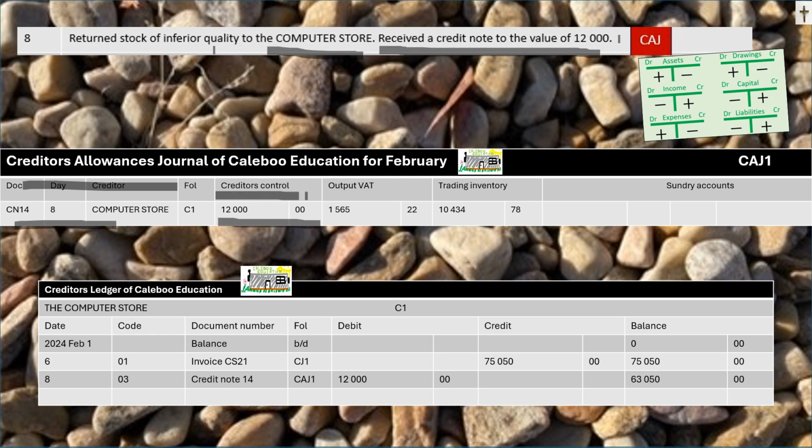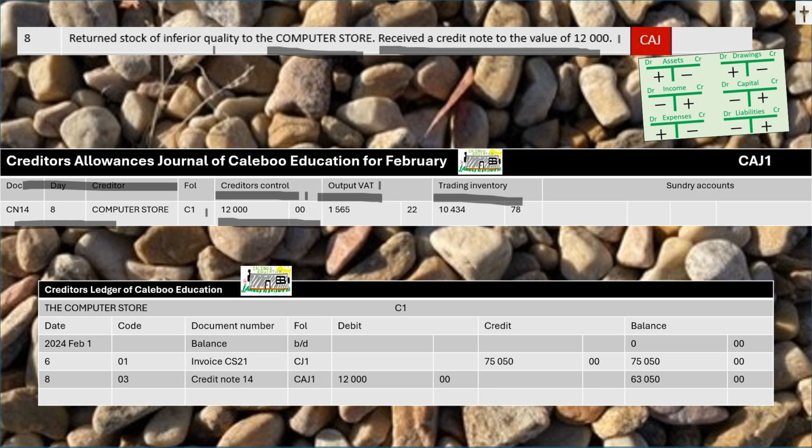Remember, under creditor's control, the amount is recorded with the VAT. Now, because we got a credit here, we can no longer claim the input VAT on the original transaction. So it is reversed by putting this in a column for output VAT, and obviously the value of our stock has decreased. But we're concerned about the creditor.